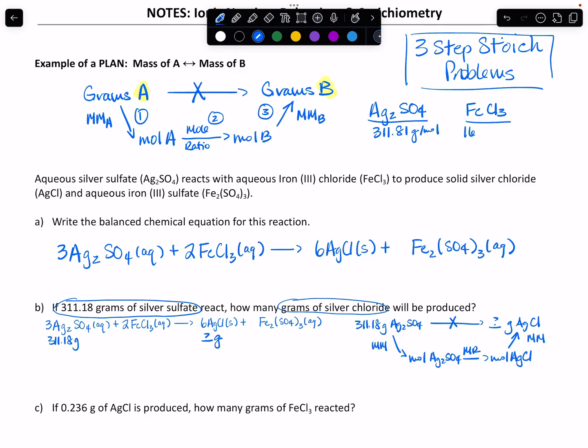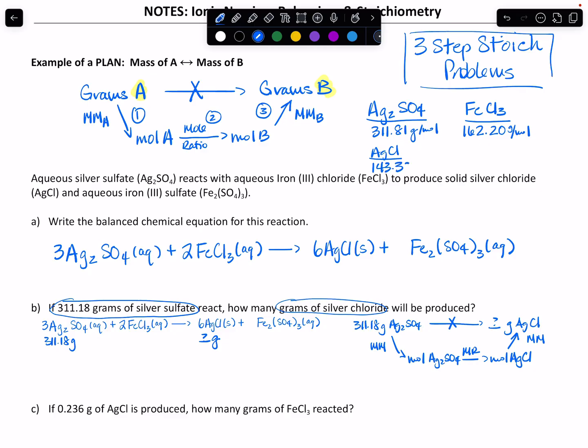I use the periodic table, and it's 162.20 grams per mole. Since I'm doing it for the reactants, I might as well do it for the products. So I've got AgCl, which is 1 silver, 1 chlorine. I add those up, 143.32 grams per mole. And then the big one, Fe2(SO4)3, or formula unit, I guess would be a better way to say it. This has a mass of 399.91 grams per mole. That's a lot of mass.